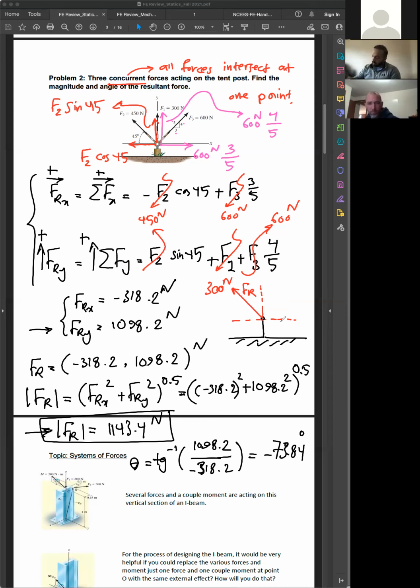So negative means you are rotating negative 73 degrees. If you think about the line of action of the force, it will create this angle to the x-axis. So this would be your direction of the force. Questions?